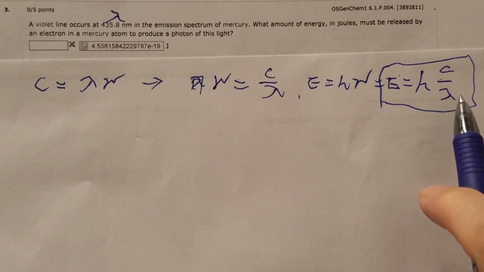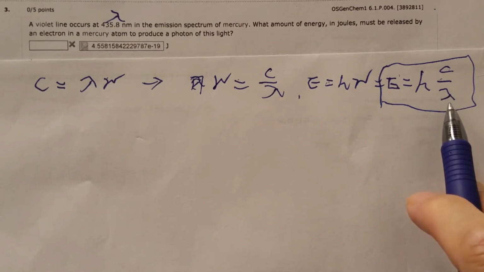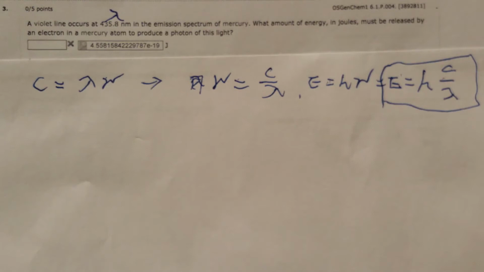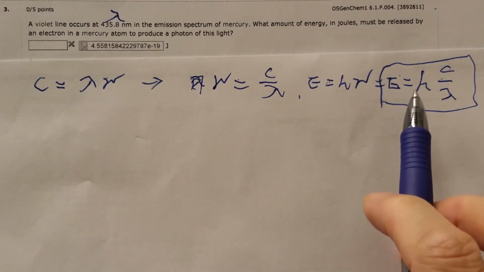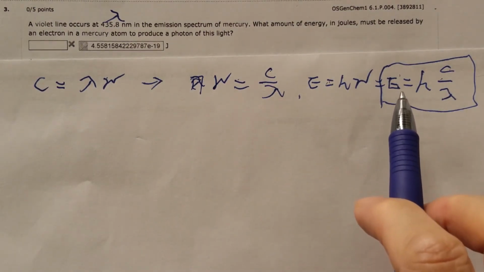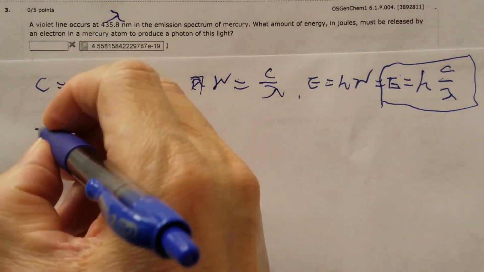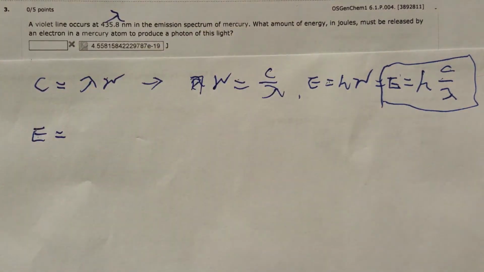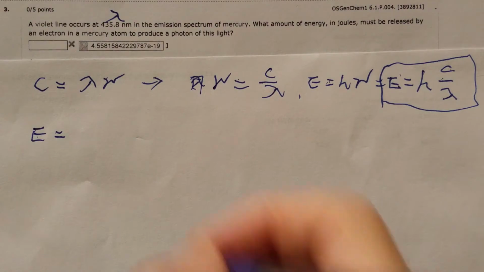The only other piece of information we need is wavelength, which is given as well. So we will just use this equation to work on this problem. So E equals, what is h?